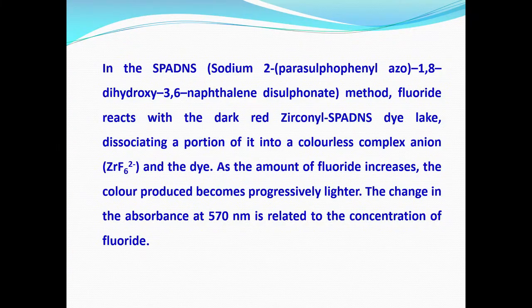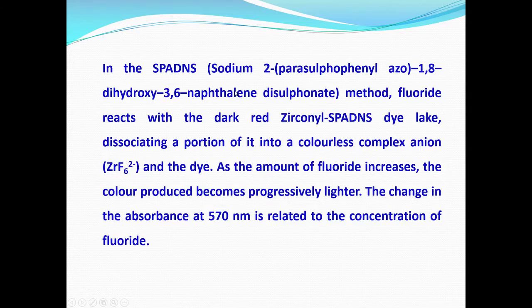So, we can look at it from the analytical point of view. How do we go about doing the analysis of fluoride? The chemical analysis of fluoride is normally accomplished using a reagent called sodium 2-parasulfonyl azo 1,3-dihydroxy 3,6-naphthalene disulfonate.